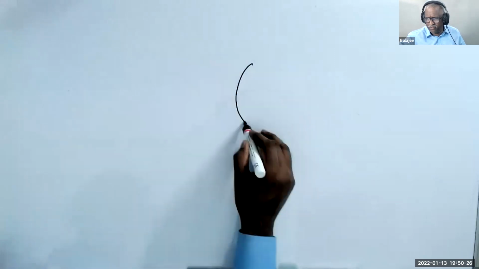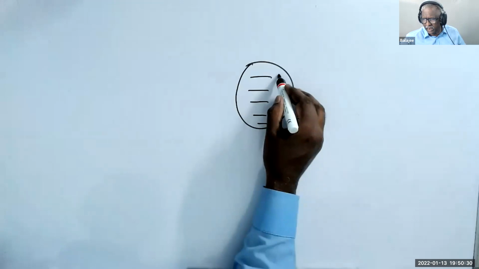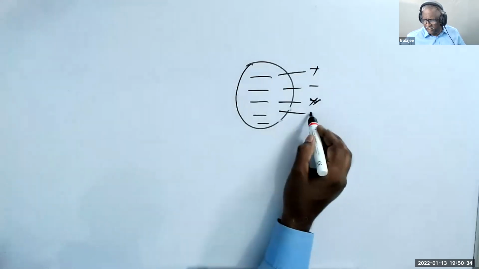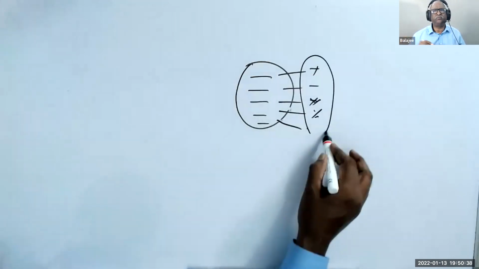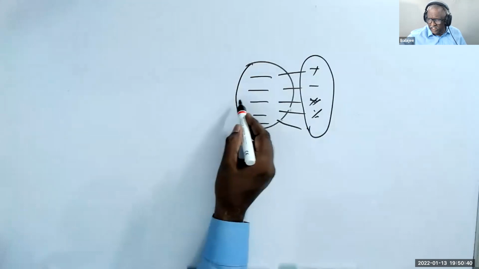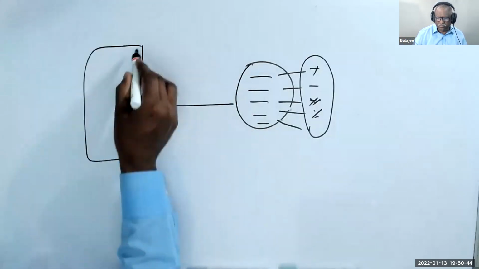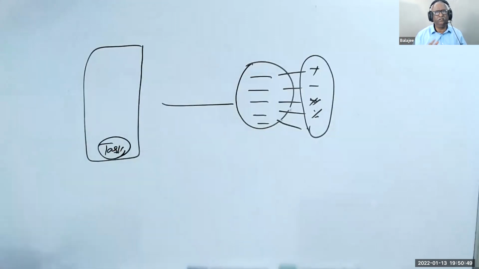I have a very simple thing. I know only addition, subtraction, multiplication, division, which we all know. Using this very limited resource, I wanted to do some task. That's it.